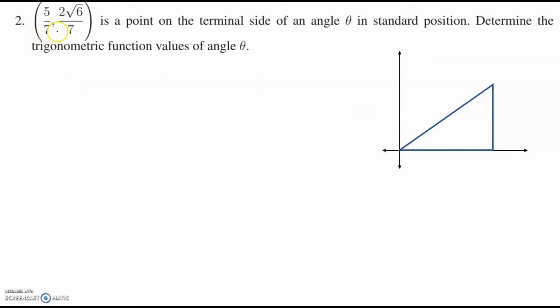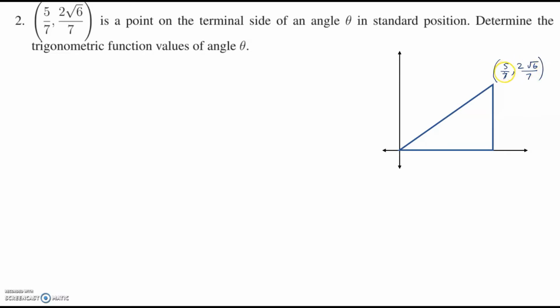Question number 2. 5 by 7, 2 root 6 by 7 is a point on the terminal side of an angle theta in standard position. Determine the trigonometric function values of angle theta. So what you're given here is the coordinate, which is 5 by 7 and 2 root 6 by 7.